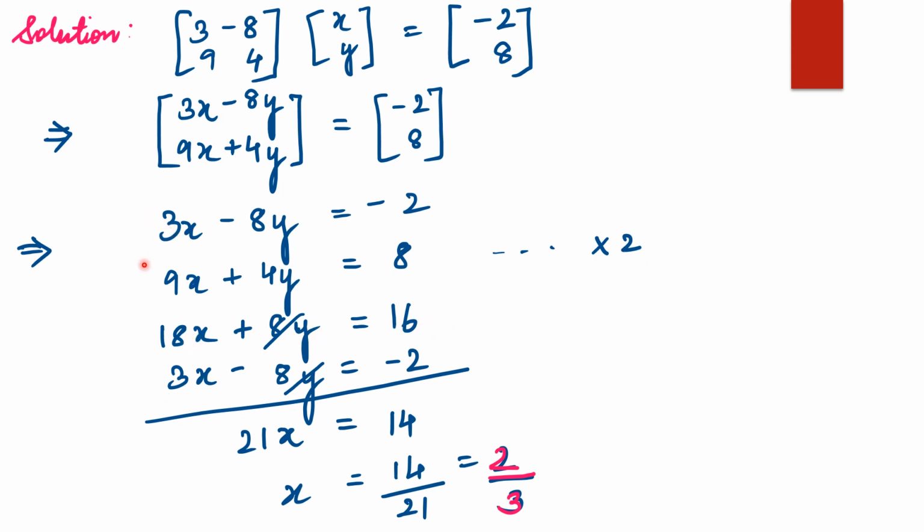Then we add it to 3x minus 8y is equal to minus 2, and the 8y and minus 8y cancel. Okay, 18x plus 3x is 21x, and 16 minus 2 is 14. x is equal to 14 by 21, that is 2 by 3.